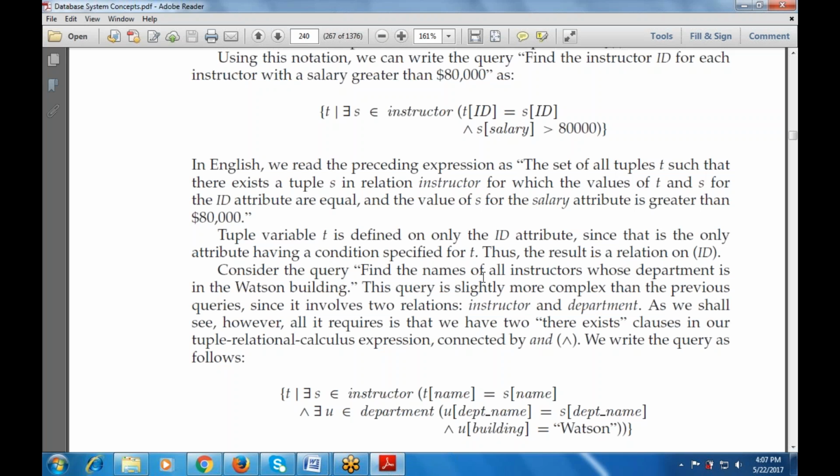We write the query as {T | there exists S ∈ instructor with T[name] = S[name] and there exists U ∈ department where U[dept_name] = S[dept_name] and U[building] = 'Watson'}. So we are giving three conditions in the AND.